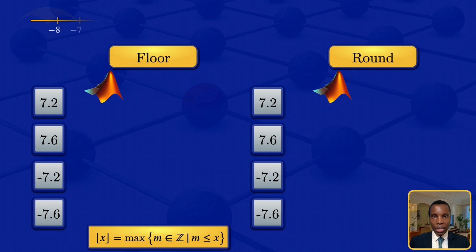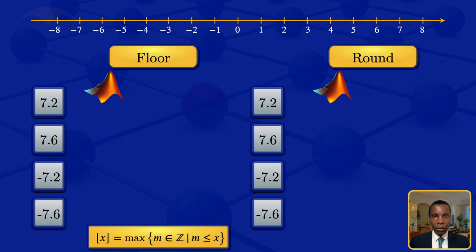So what I'll do is I'll draw a number line, then go on and look at the first one, 7.2. On my number line, I mark my 7.2 using a red marker. When you are looking at the floor value, we say that it is the greatest integer that does not exceed x.